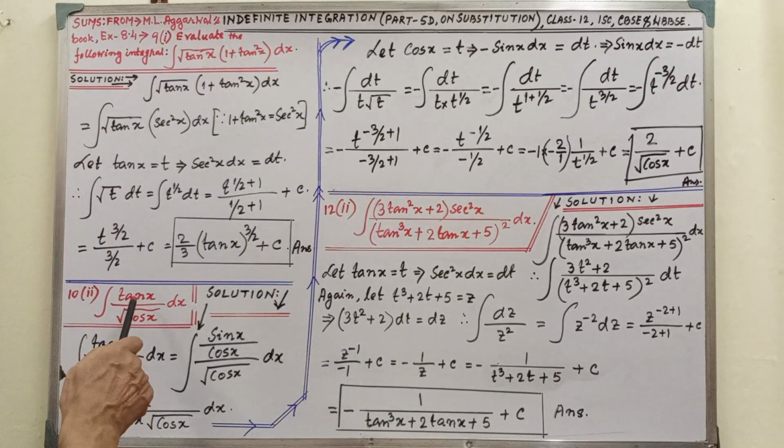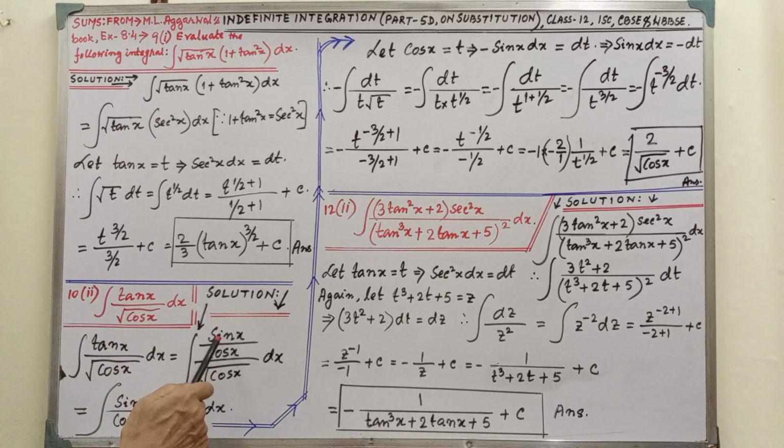Next sum, this. After writing the sum, we have to think which part we have to consider. If I consider cos x, by differentiation of cos x we are not getting tan x. By differentiation of tan x, we will not get cos x. This is why we have to simplify first, that is tan x we may write sin x by cos x, and root over cos x will remain as it is.